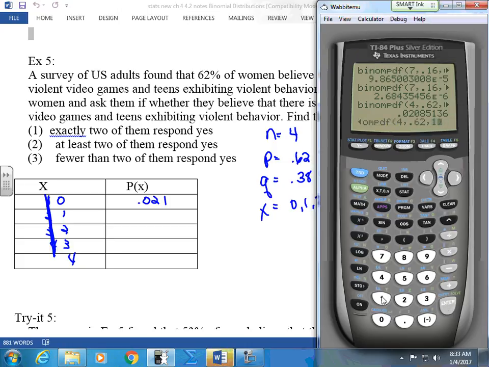I'm going to do the 1. Okay, I can see it getting bigger. Do the 2. Should it get bigger? Yep, because my percentage is pretty high. 0.333. Pretty good.